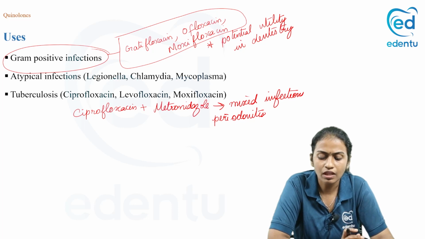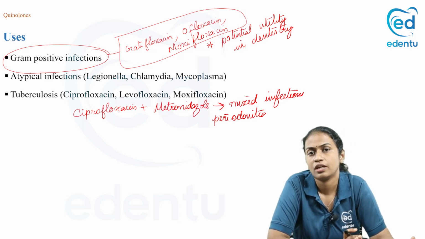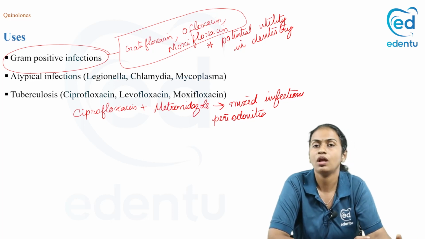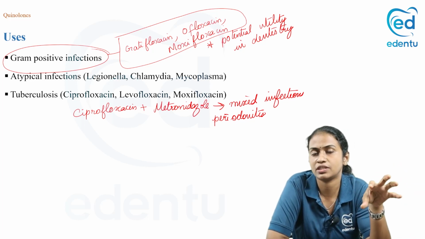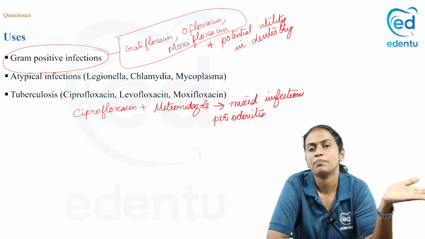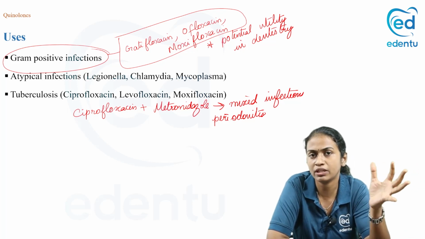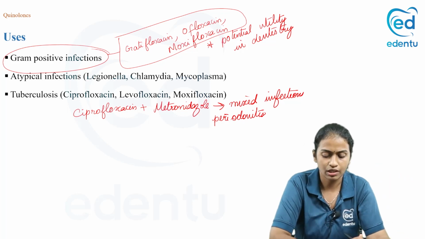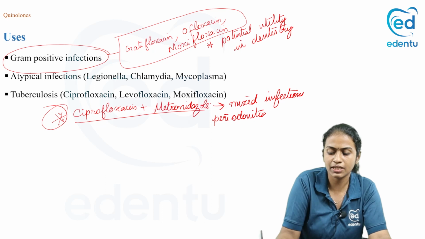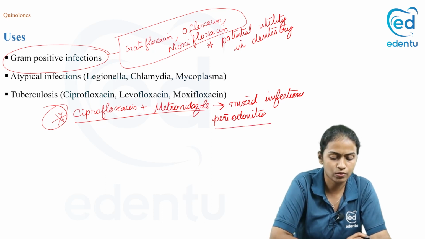Then for periodontitis, you can use a combination of ciprofloxacin as well as metronidazole if you're suspecting mixed infection. Ciprofloxacin will cover the majority of the gram-negative and a few gram-positive. Metronidazole will cover the anaerobic organisms. Again, this is important: you give ciprofloxacin plus metronidazole for periodontitis.